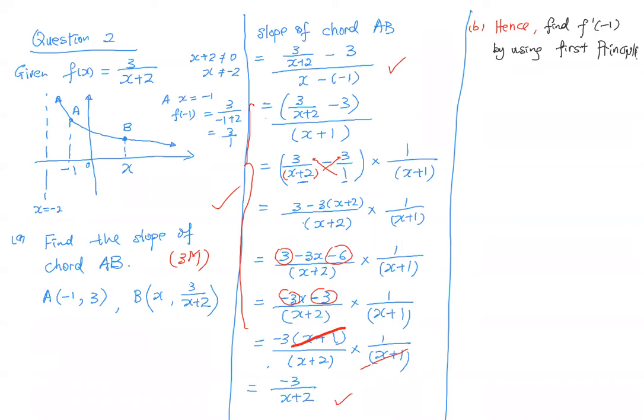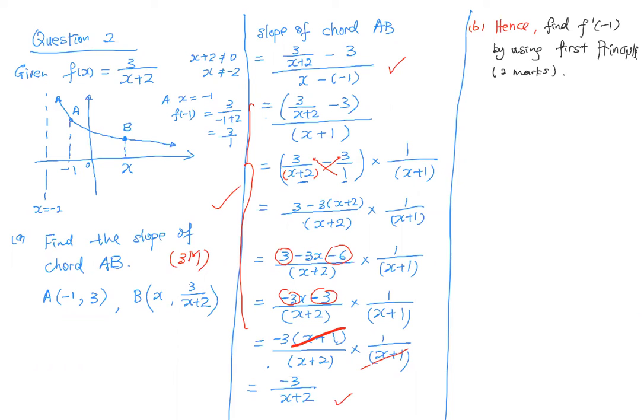And I only give you 2 marks. Usually first principle is about 5 marks or 4 marks, correct? So that means the 3 marks is done in part A. So how are you going to use whatever in part A and get your answer? Because part A, we are finding the average rate of change, am I right?